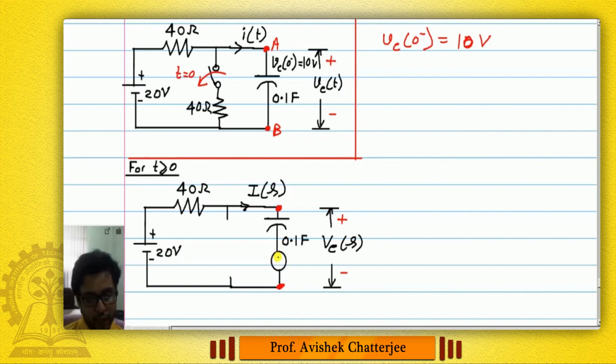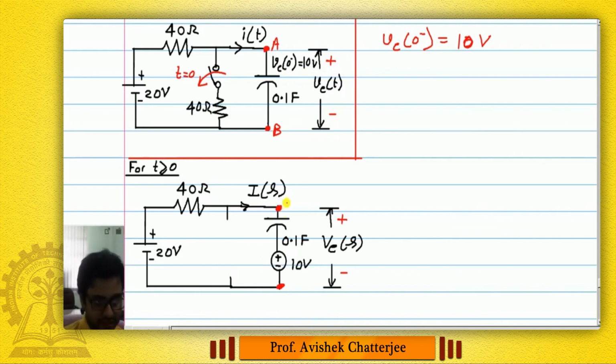Okay, whose value is same as the initial voltage of the original capacitor. So that is 10 volt. Upside plus, downside minus, because also in the original circuit this was my reference polarity, upside plus, downside minus.